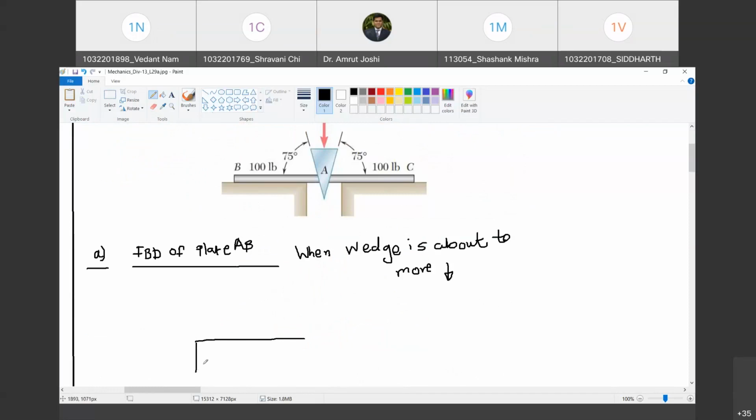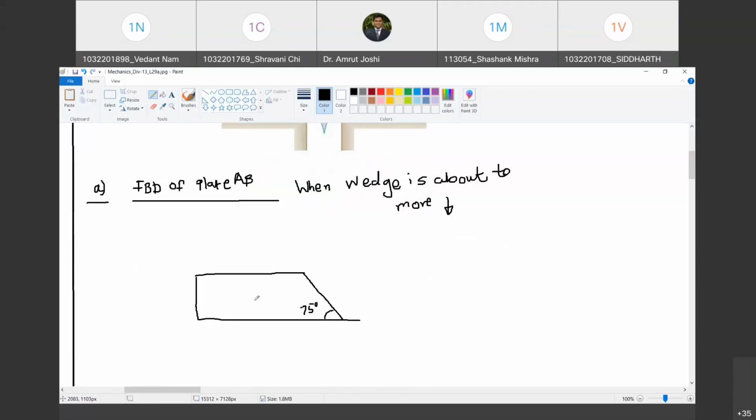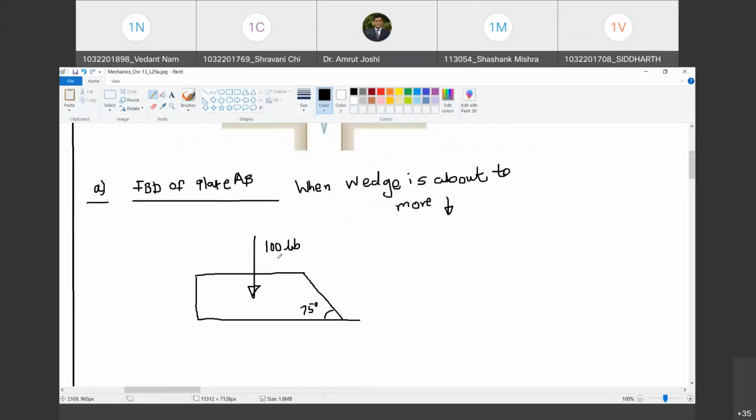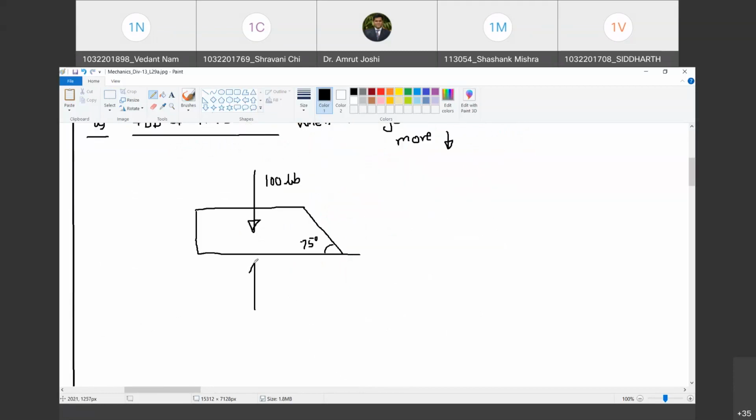So I'm going to draw the exaggerated thickness so that I can show this angle. This angle is 75 degrees. Happy? Yes, sir. Tell me, how does the free body diagram look like? There is 100-pound force acting here. Yes, sir. The ground is going to offer the reaction. I'm going to call that reaction N1.